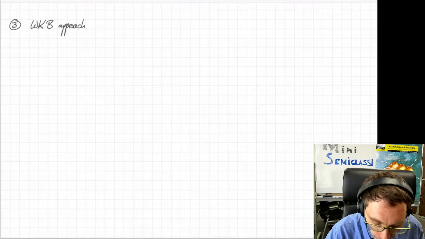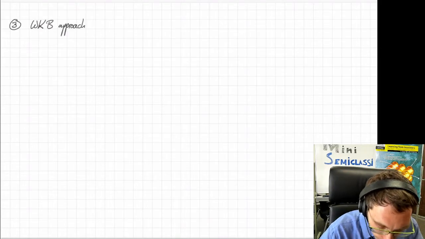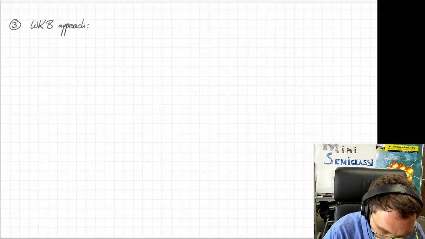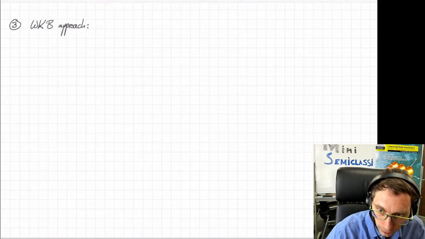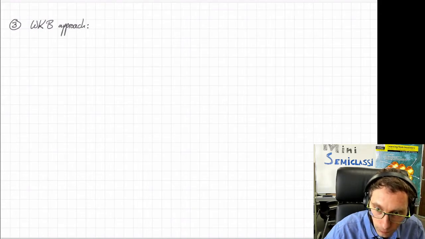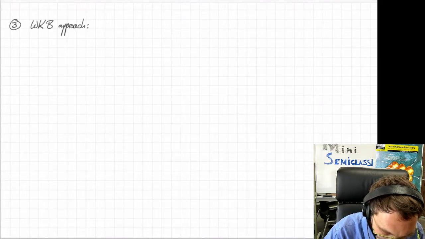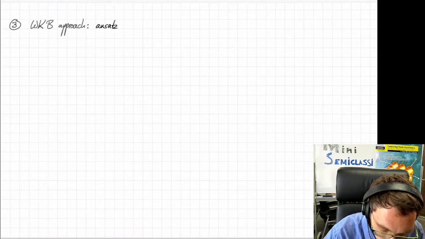So the idea is to solve the Schrödinger equation for a particular type of wave function. Here you have an ansatz for the wave function.